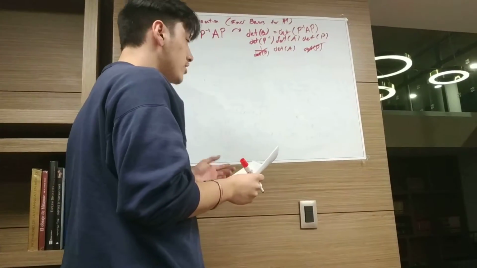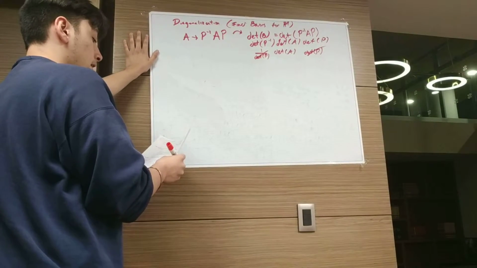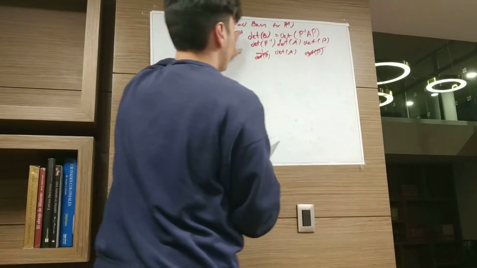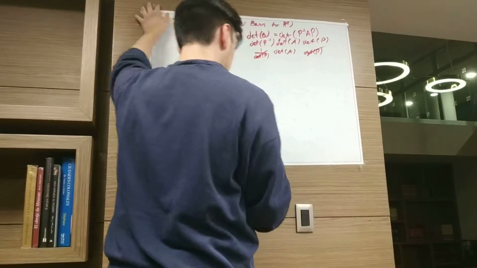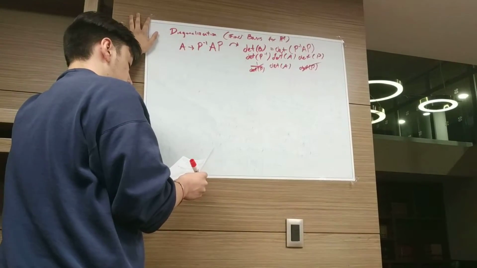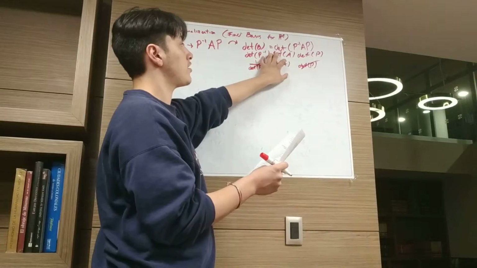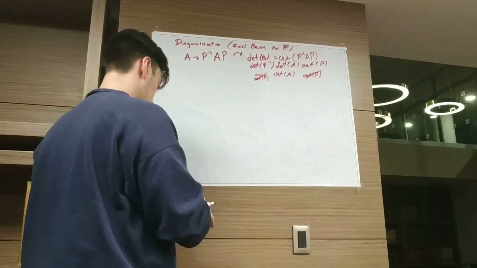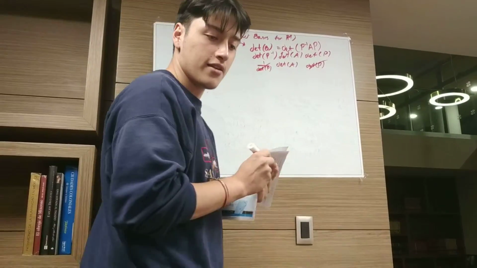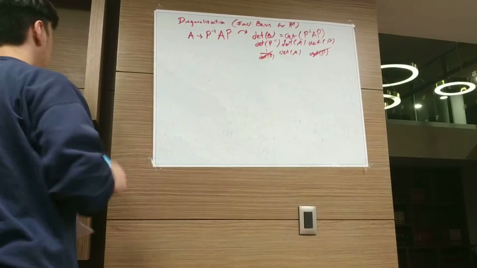So, in general, any property that is preserved by a similarity transformation, which is what this is called, is going to be similarity invariant. Well, let me use another marker.